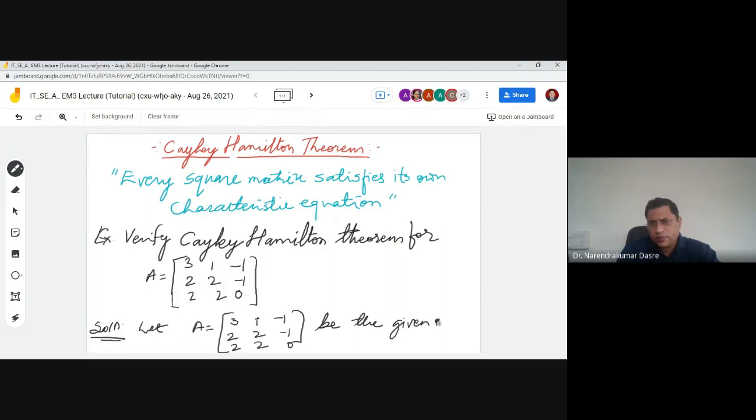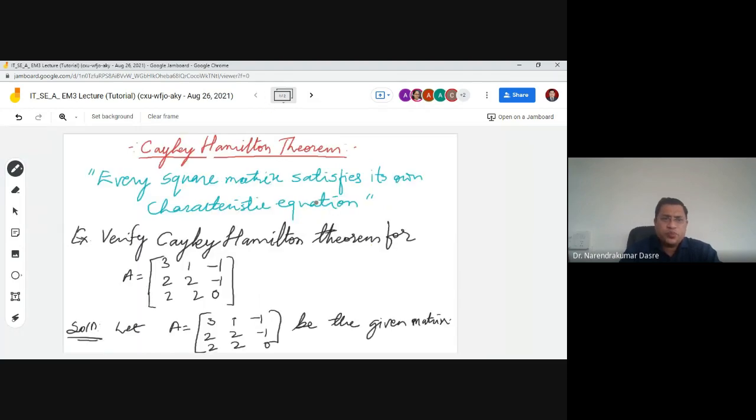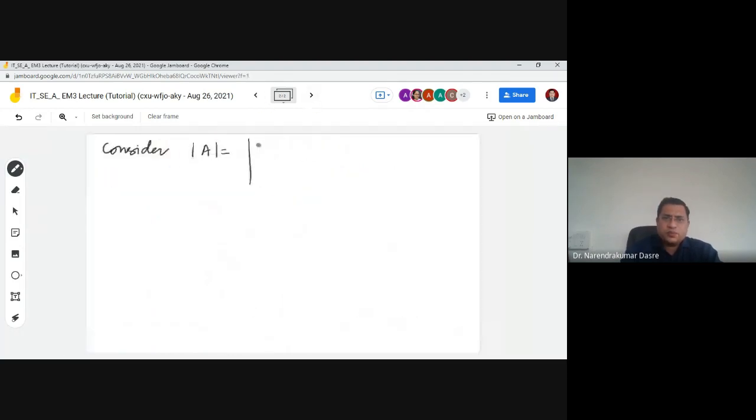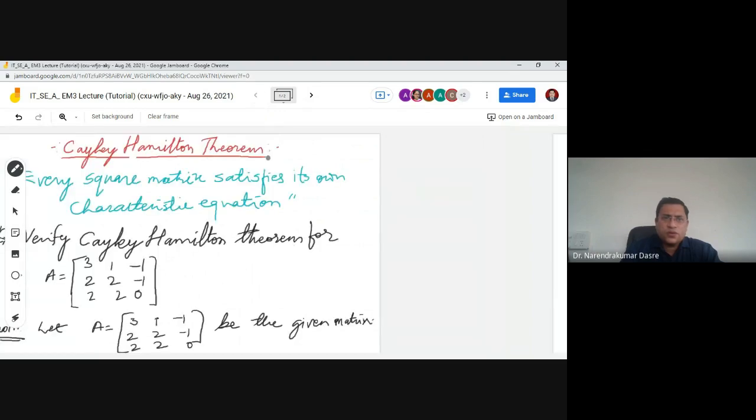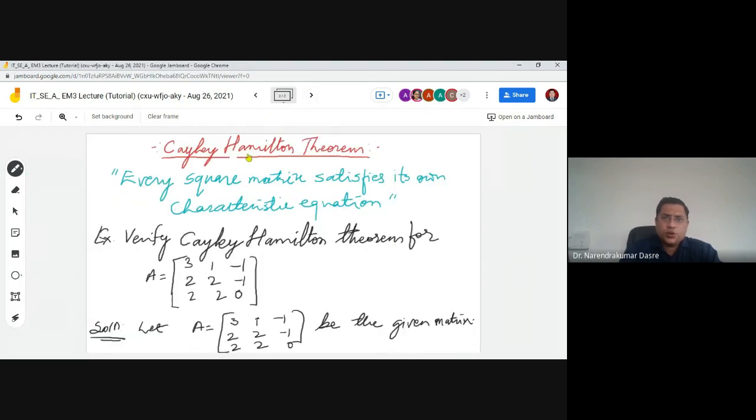Now consider the determinant of A, with rows 3, 1, minus 1; 2, 2, minus 1; and 2, 2, 0.